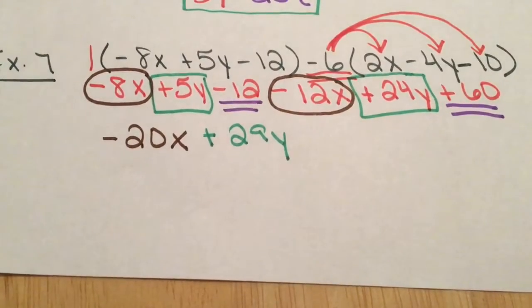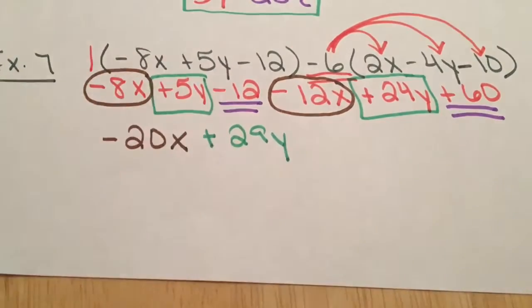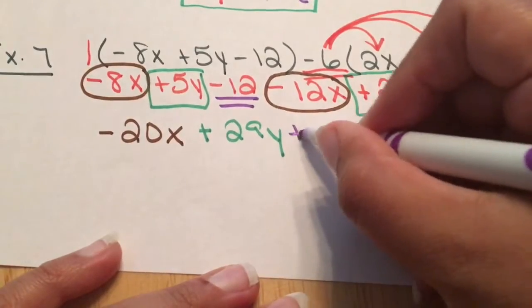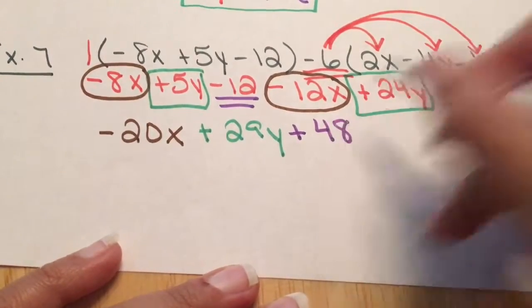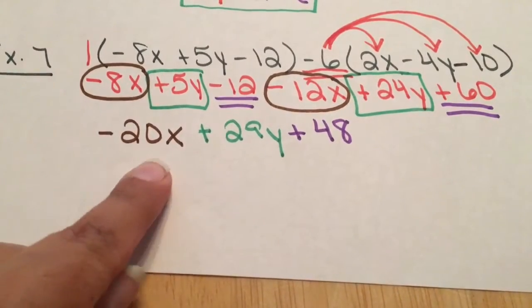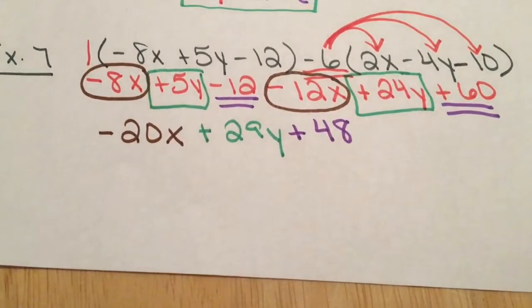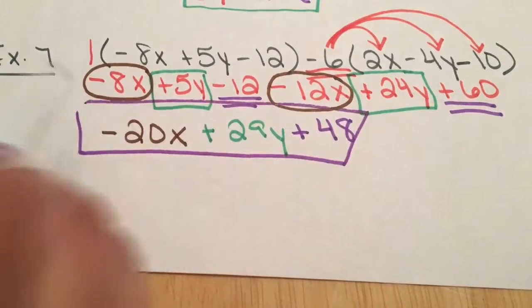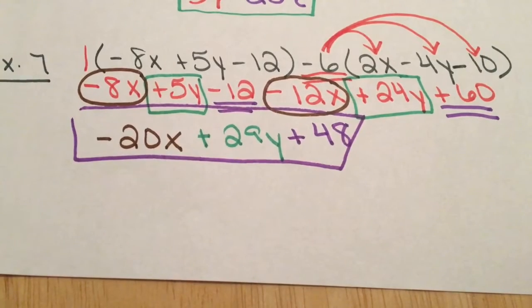And lastly, we have negative 12 and a positive 60. Remember, different signs, we have to subtract them. So 60 minus 12 is 48, and it will be a positive 48. Now that we have our simplified terms, I notice nothing here is like. Therefore, negative 20x plus 29y plus 48 is going to be my answer.